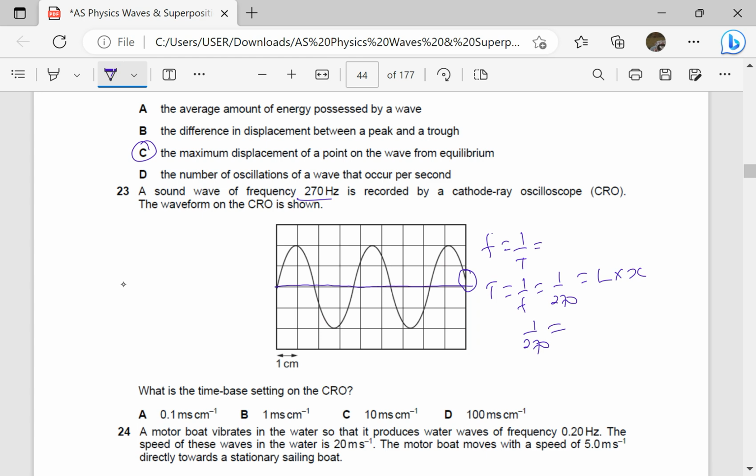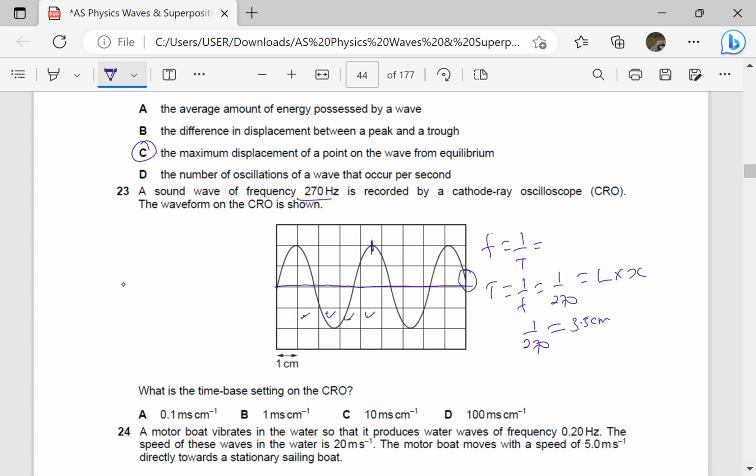So I'm just going to estimate between... so this is 1, 2, 3, and approximately a half. So we shall just get an estimate: 1, 2, 3, and a half. So those are approximately 3.5 centimeters. So let me just take 3.5 centimeters.